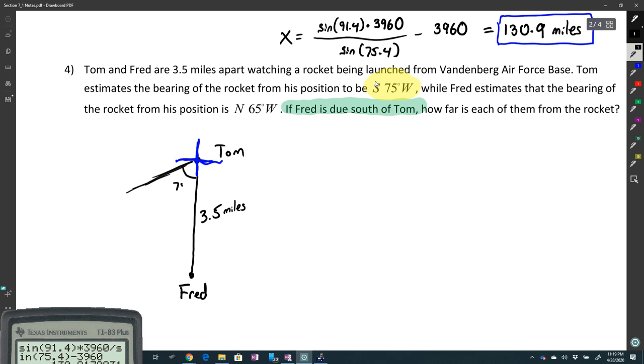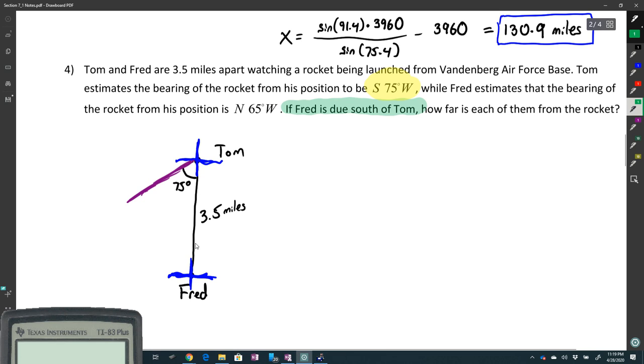So they're saying this is 75 degrees, while Fred estimates the bearing of the rocket to be north 65 degrees west. So we draw another grid where Fred is, and again we measure from the y-axis.